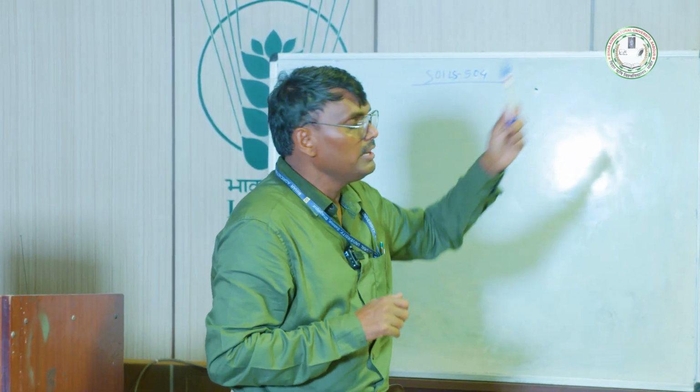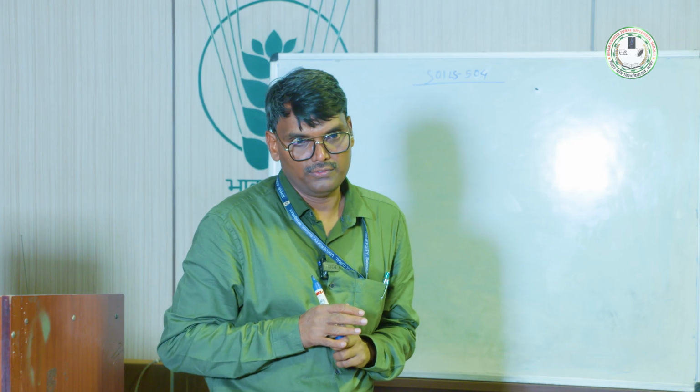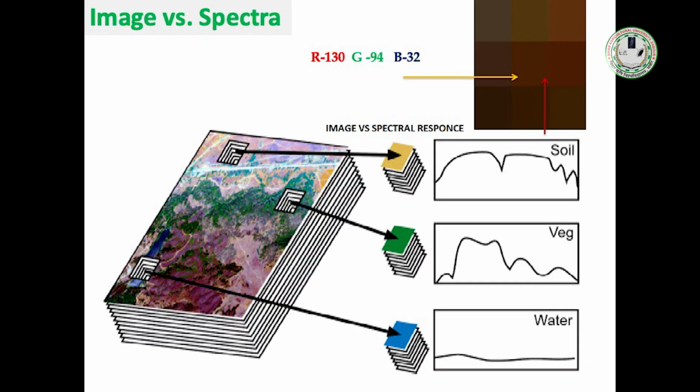Here three types of features have been portrayed. First soil, second water, third vegetation. Accordingly, we can see here the spectral response for water, the spectral reflectance curve for vegetation, and this one for soil.